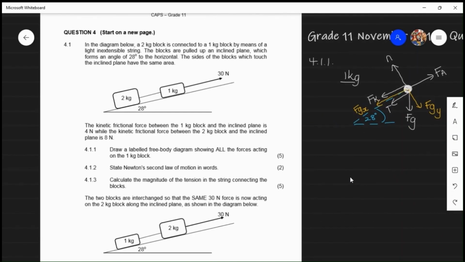Now our 2 kg block, because this object has mass, it is going to have gravitational force acting straight down. And because this object is on a surface, it is going to have normal force acting perpendicular to the surface on which the object is on.